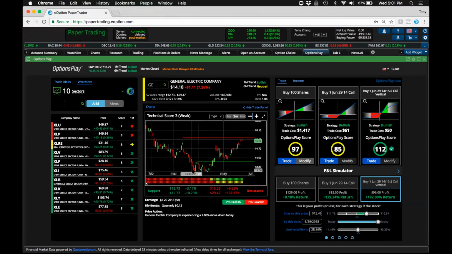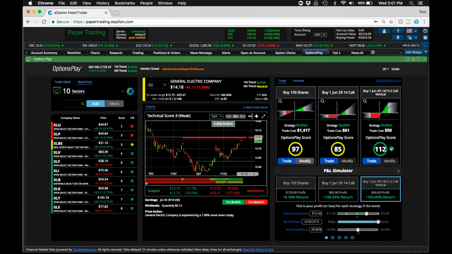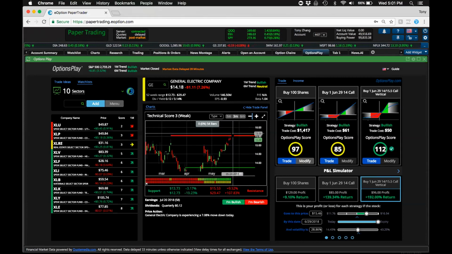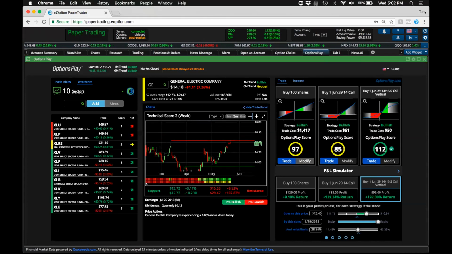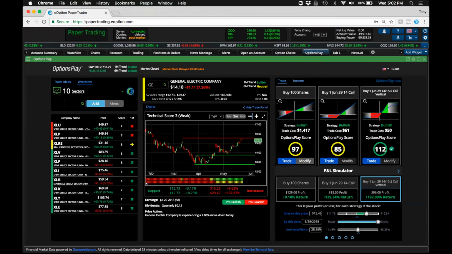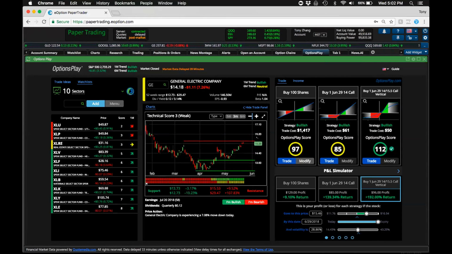You have a left shoulder here, the head here and the right shoulder here, and you've got this neckline right around 1550, which is where our calculated resistance level is. If it breaks above that 1550, that would be considered a break of that neckline. So again, this tool allows you to quickly identify all of these things without having to pull up your charts and draw all of these things yourself. It's all done for you on our screens.